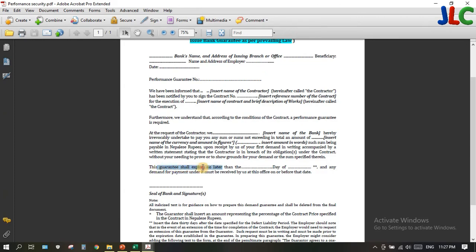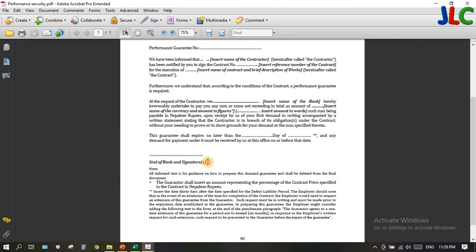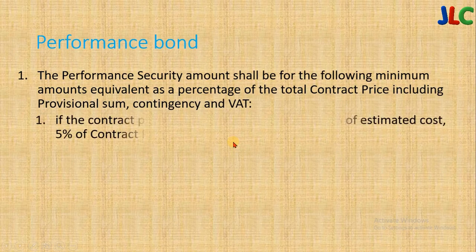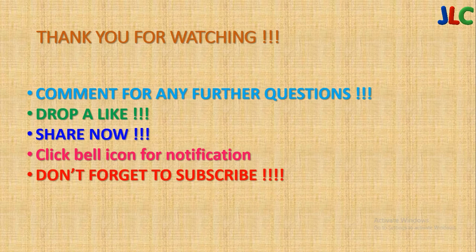Here also the guarantee expiry date will be mentioned, the name of the contractor, the performance bond number, when it was issued, the contract number, contract name, and so on, and finally the seal of the bank. So this is how performance bond and bid bond are differentiated.